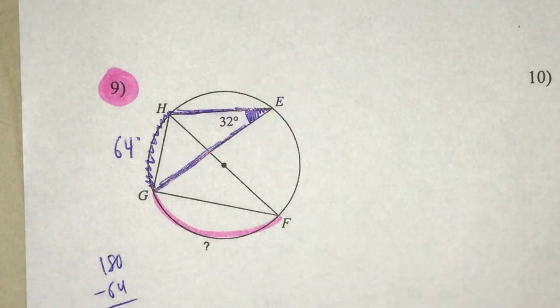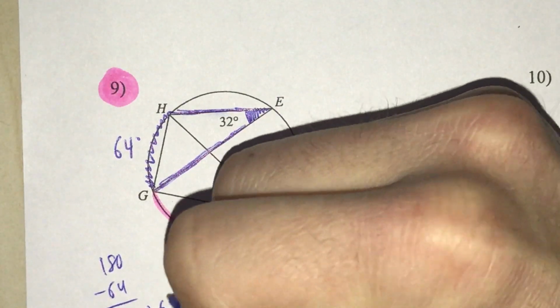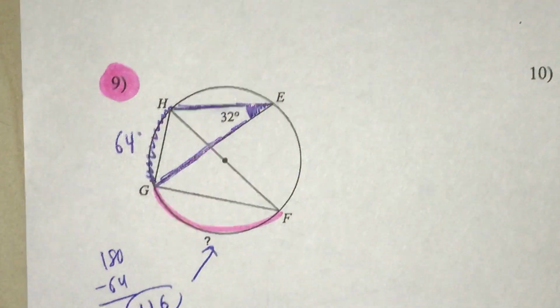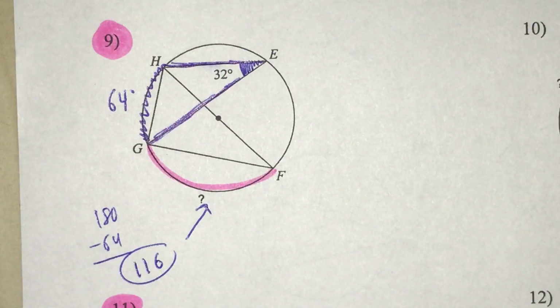Okay, and that would be 116. There we go. Okay, so really not that bad. It's just using what you know and going with the flow. Okay, awesome. Hopefully you guys feel decent with that.